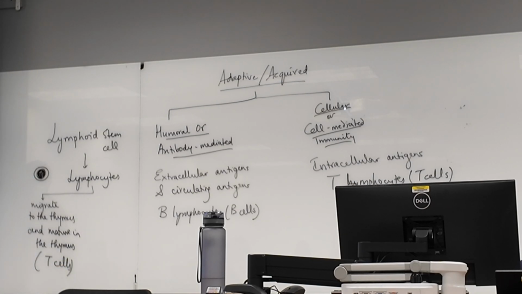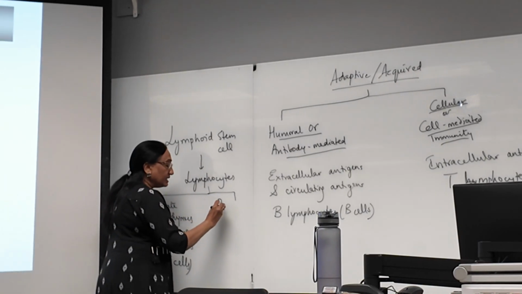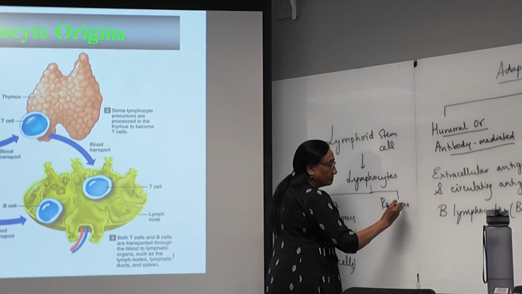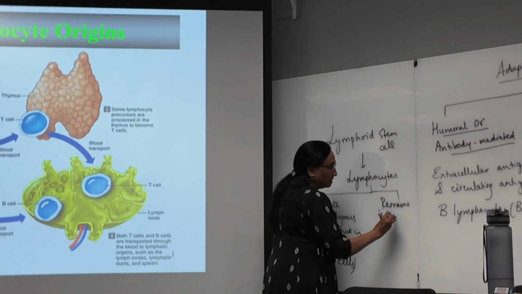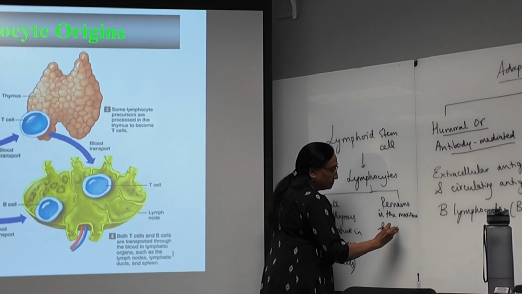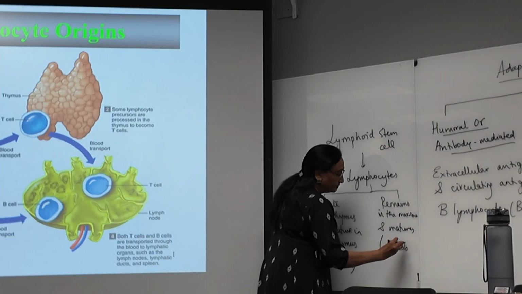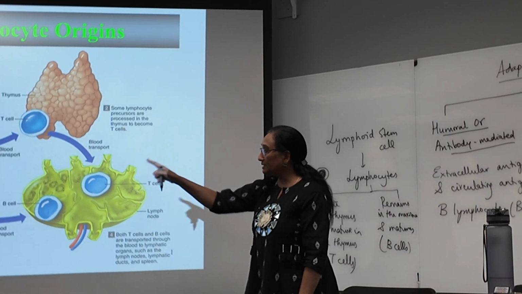So they migrate from the bone marrow to the thymus where they mature. Another population of lymphocytes remains in the bone marrow and matures there. These are called the B cells. So they remain there.